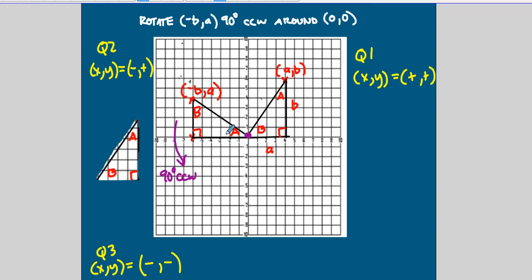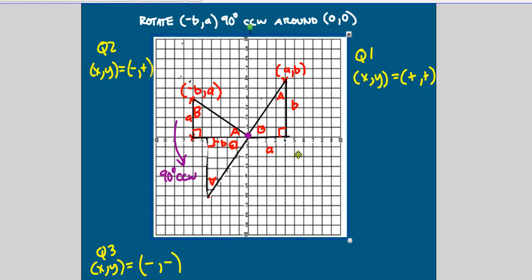Alright, so now we're here. We could label this also. This is going to be A, this is going to be negative B. So now I'm going to rotate from quadrant 2 to quadrant 3, 90 degrees, this point negative B, A. Again, notice in quadrant 3 now, X is negative and Y is negative. So I'm going to take, again, a congruent triangle, and I'm going to rearrange it in such a way to get something like this.